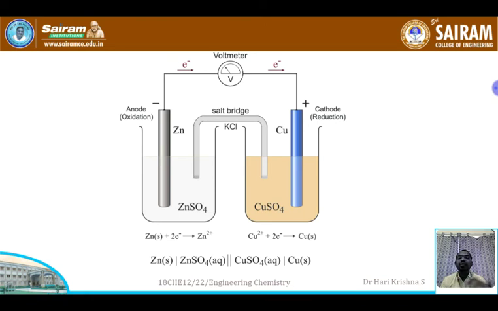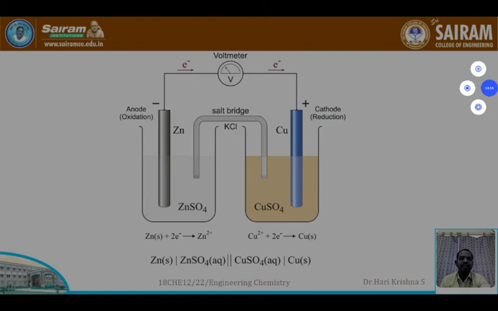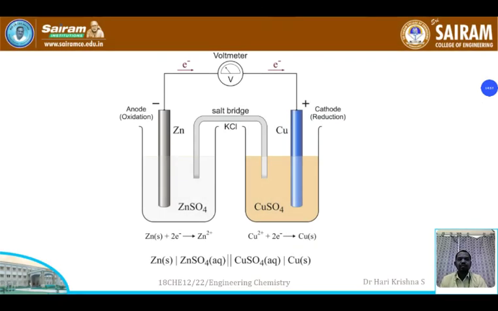Zinc undergoes oxidation. That is, Zn will lose 2 electrons to give Zn2+. Whereas at copper, Cu2+ will accept 2 electrons to give Cu metal. Cu metal will get precipitated.